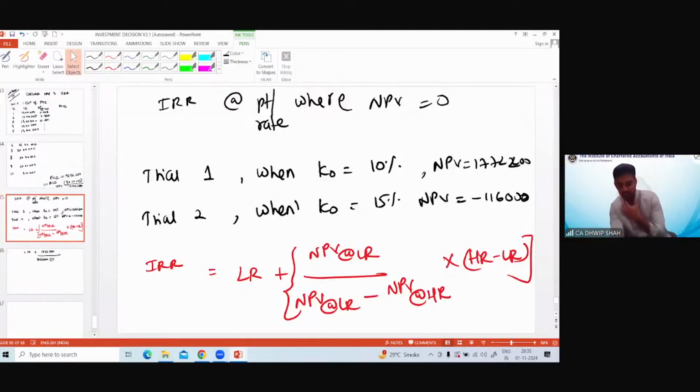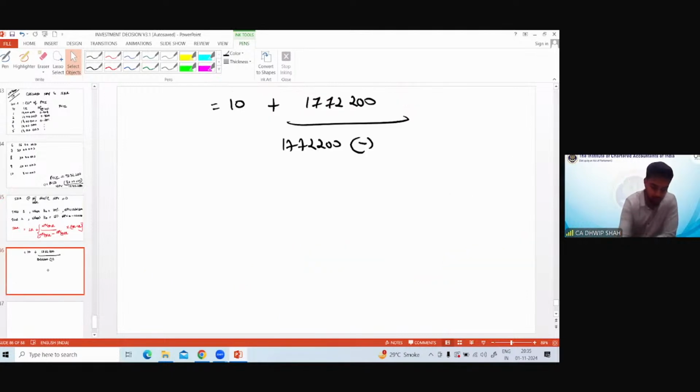The higher discounting rate is 15 and NPV at 15% is negative 116. Here students make a mistake. They don't write the negative sign. Minus 116. So be careful over here. Multiply by higher rate, which is 15, minus lower rate, which is 10.